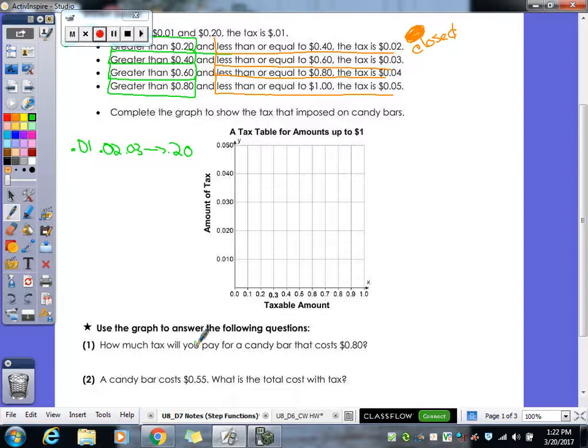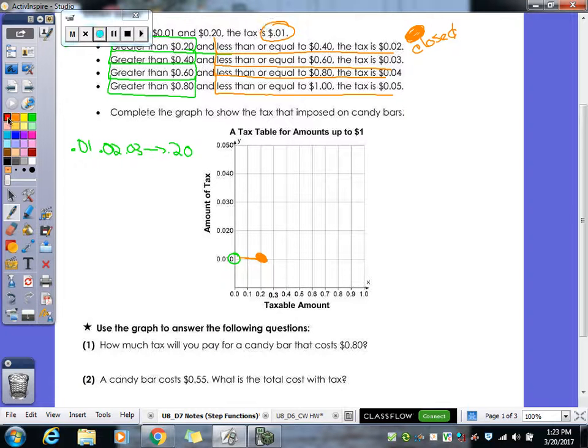If we're starting at 0 pennies, we're not going to be charged any tax. That's an open circle. All the way up to 20 cents. Now this will be a closed circle. So that means if I'm buying something between 1 penny and 20 cents, I'm going to be charged a tax rate of a penny.